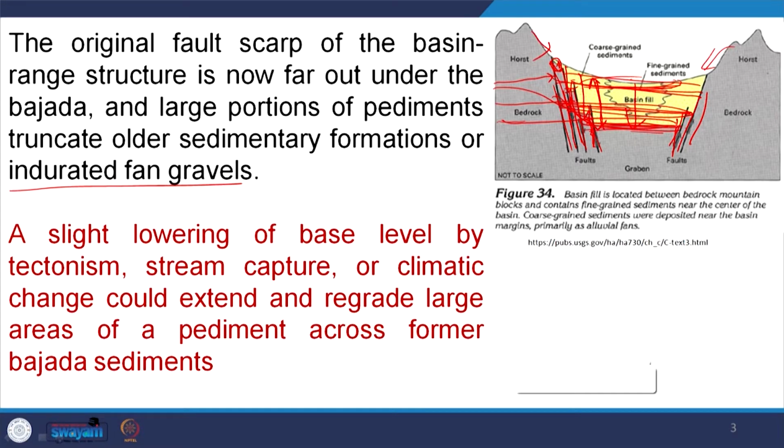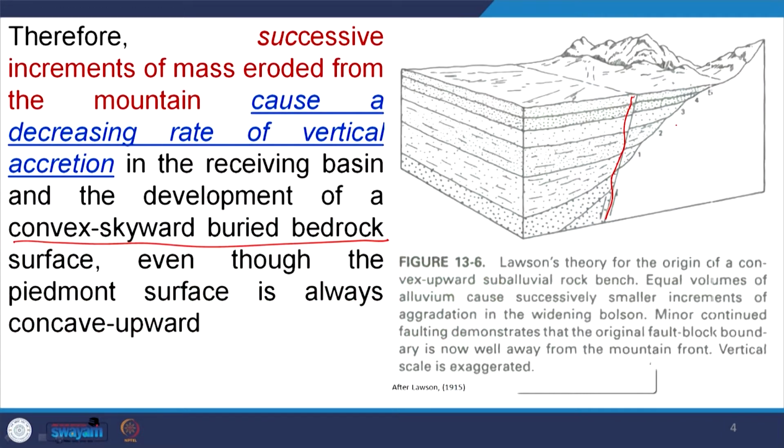So, the basin area is less and the sediment is more, because the basin is narrow. This is a fault and this is a fault, with mountains on both sides. This is the basin space available, and we are transporting sediments from both sides and filling it up. So, more sediment has to be accommodated within less space, so the thickness will be more.